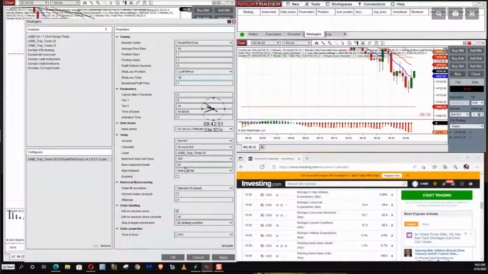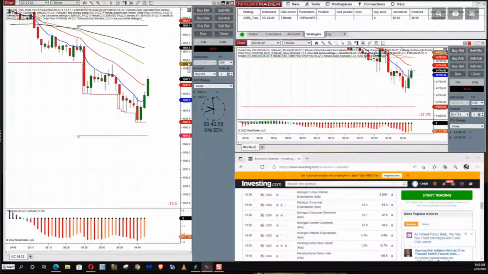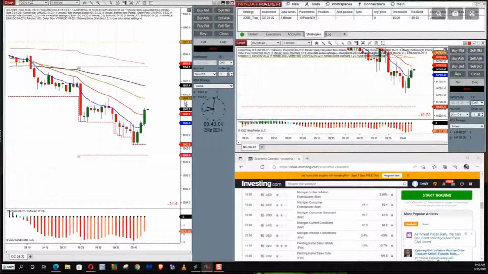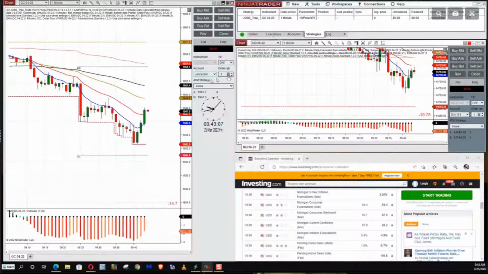Okay, so you know what we expect with the trap trade. We expect, so 5 seconds before the news, my orders will appear on the chart. I expect that when the news comes out, it will fill one or two of my tiers.